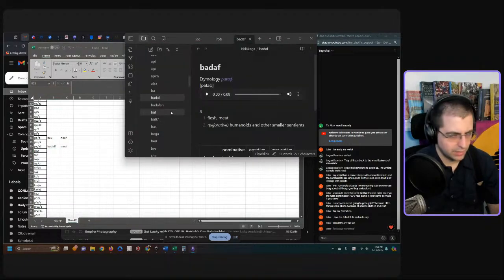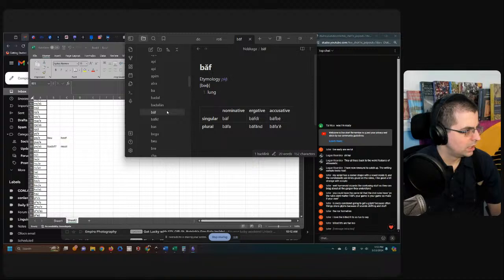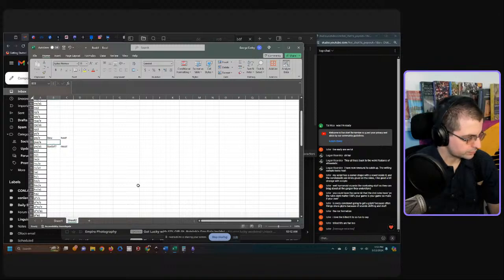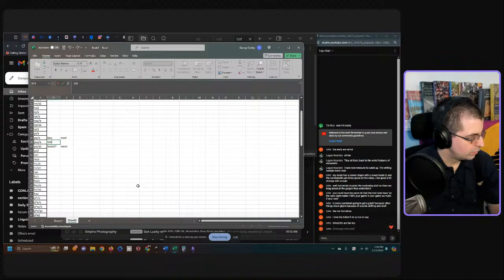I just need to think about what it is. Buff, lung. Okay. And this was originally a high central vowel, so this one would be a candidate for there. And that means lung.